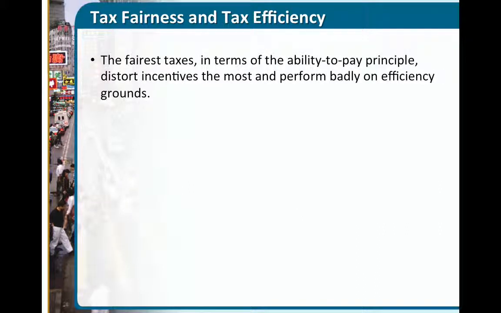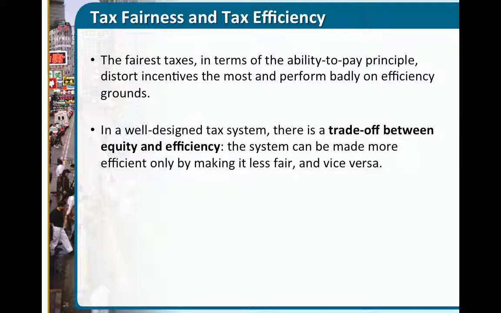So the fairest taxes in terms of ability to pay distort the incentives the most, and perform badly on efficiency grounds. Take a progressive tax, for example, where you have to pay more as you earn more. If your income is, say, $50,000, you only have to pay 15% of your income in taxes.